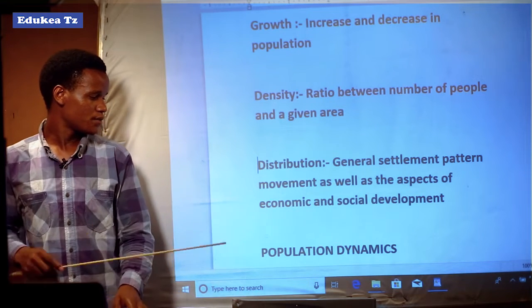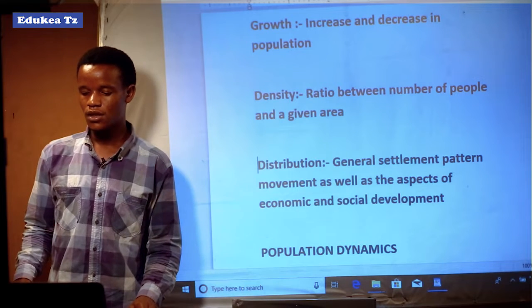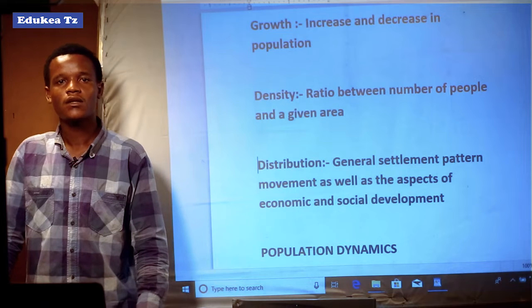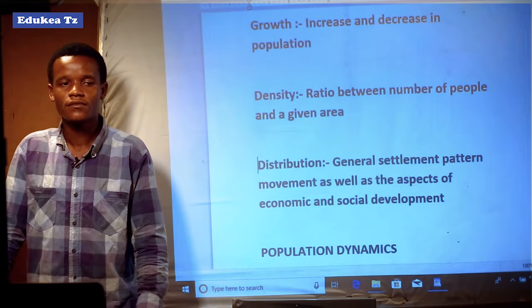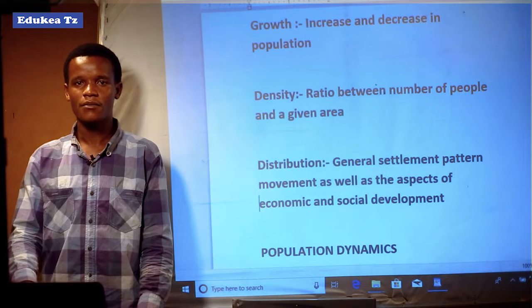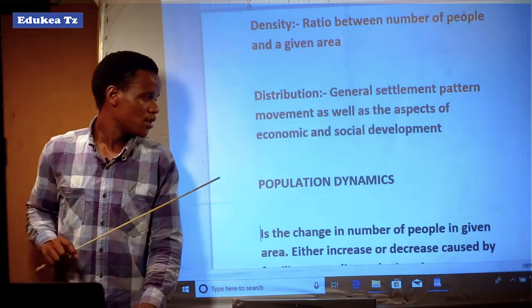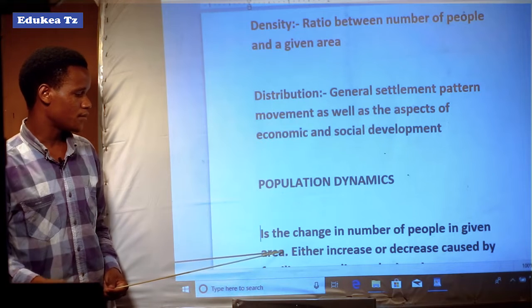Okay, let's now see population dynamics. Here, what we are going to note is that population is always dynamic. When we say dynamic, it means it changes according to time. So population in general is dynamic. Let us see the definition of population dynamics.